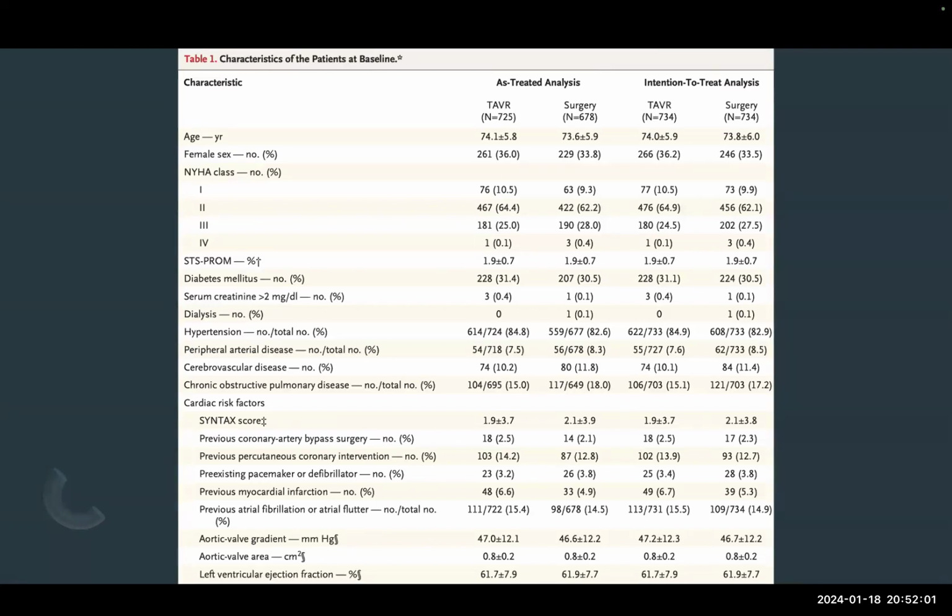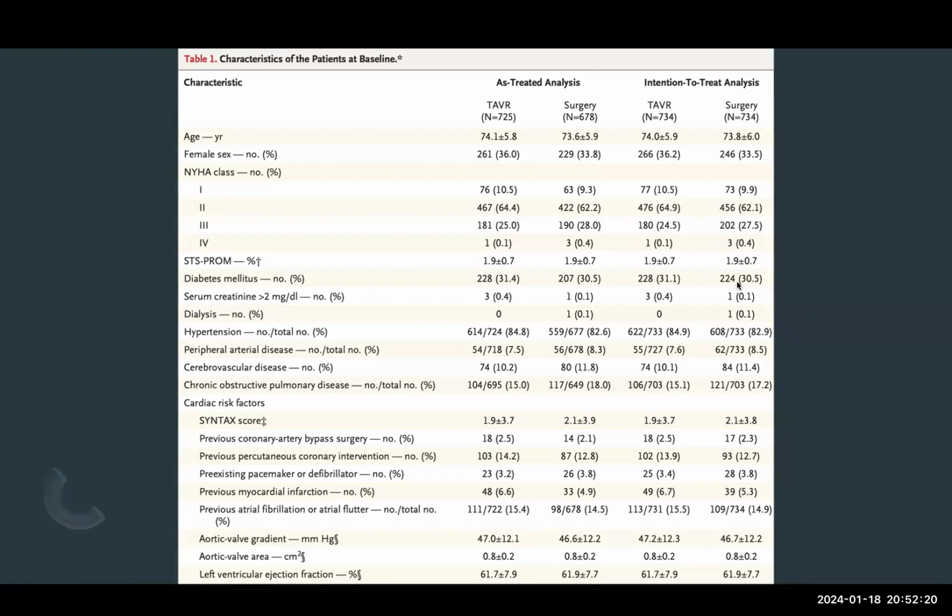That's why they underwent surgery, and that's why they were excluded. But here they include them, even if they got surgery, because they were enrolled to TAVR. They should stay in the TAVR arm.